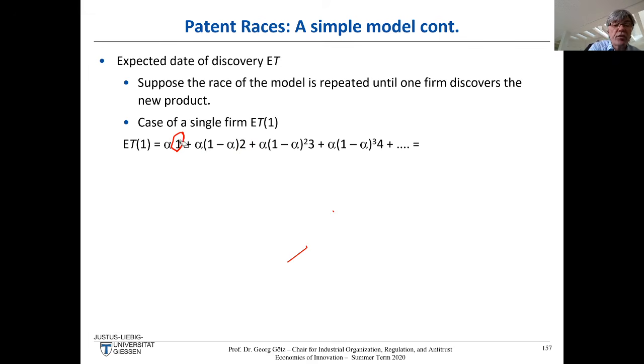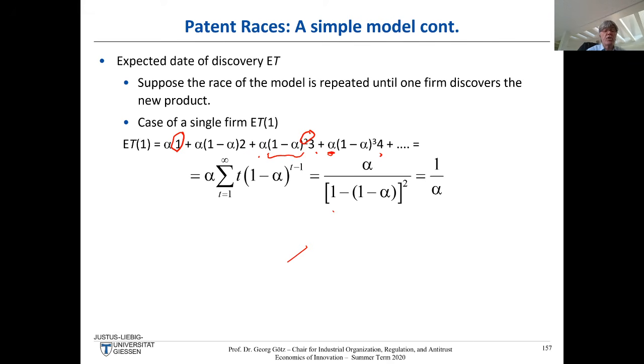However, if you're not successful in period 2, that is with probability 1 minus alpha, then you get to period 3. But then you already had 1 minus alpha squared, times the alpha. You only end in period 3 if you have the success, the alpha. And that's how it moves on. With probability 1 minus alpha raised to the power of 3, you end up in period 4, but only if there you have the alpha.